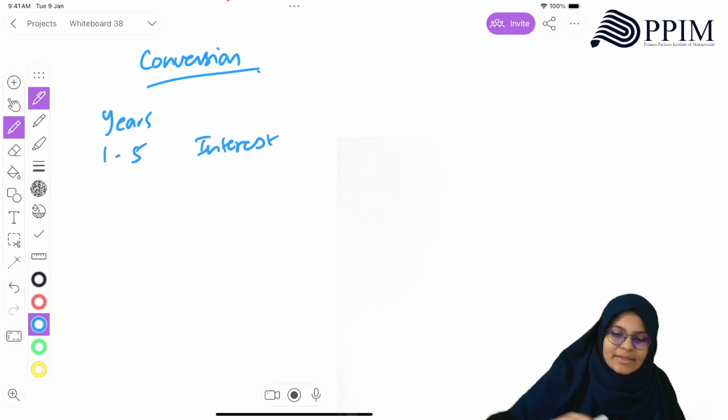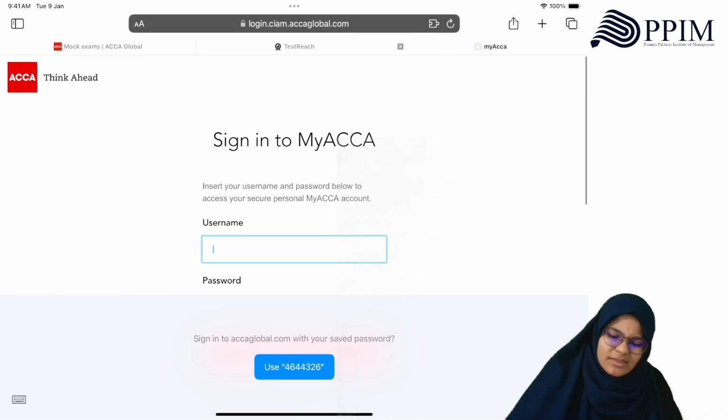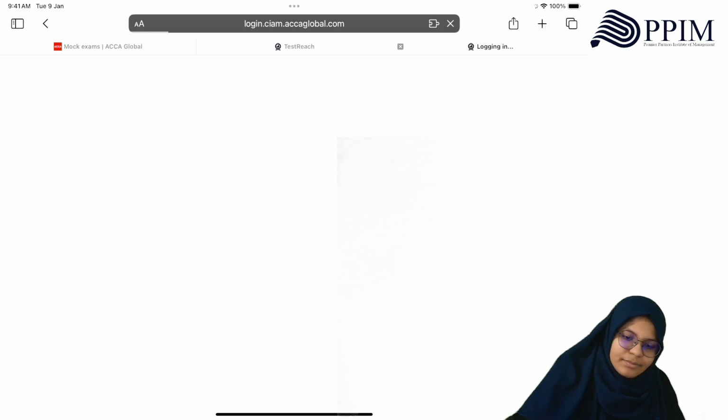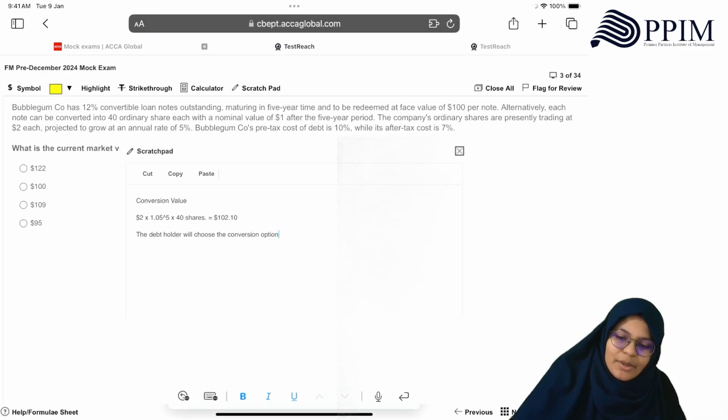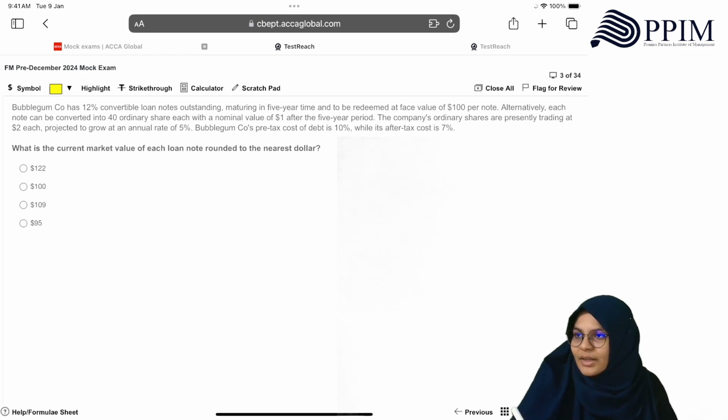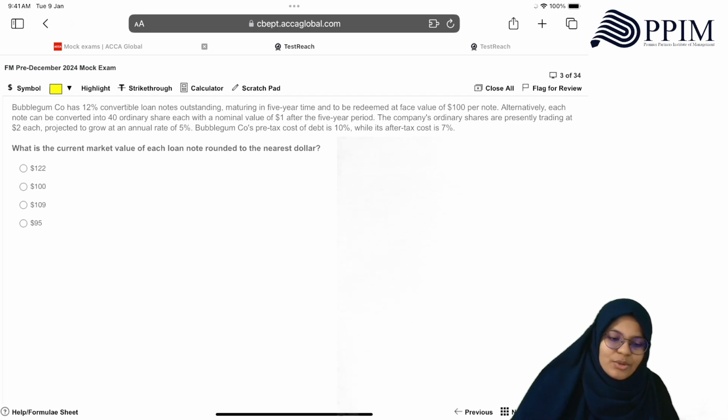But in this case, if you see the question, they don't give me the tax rate, right? So because of that, we don't have a choice. We have to just use the normal interest, which is going to be 12%. So 12% of 100, 12, right?